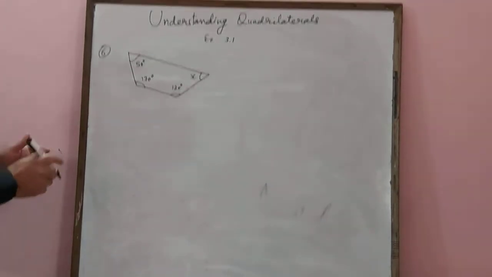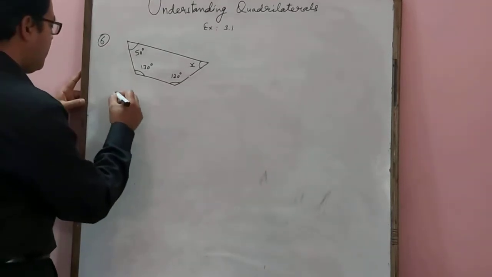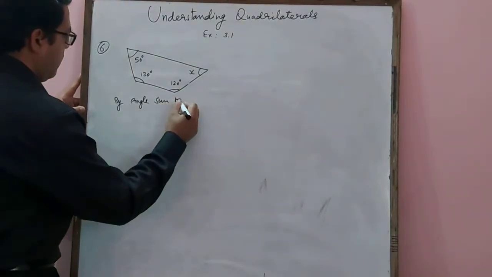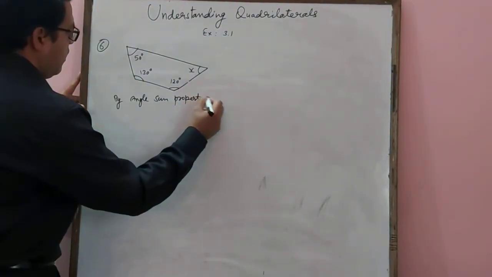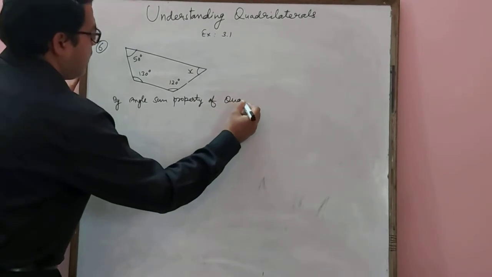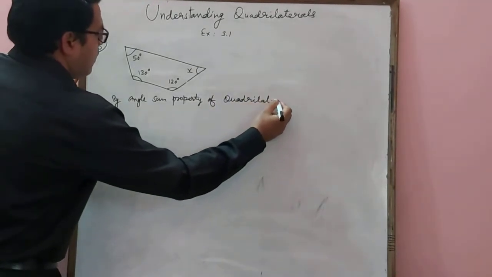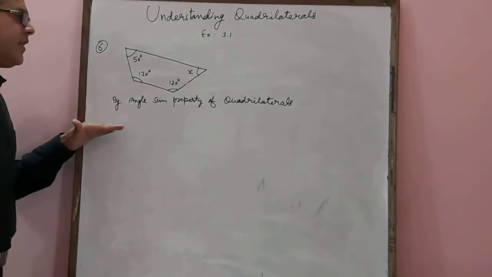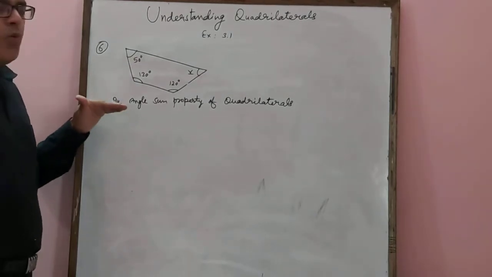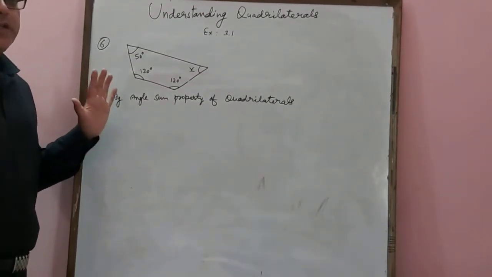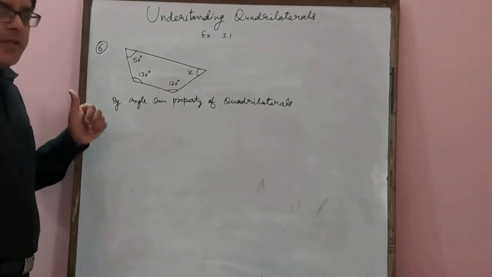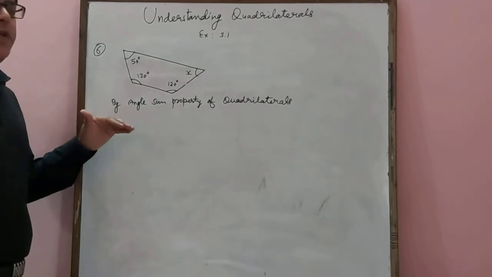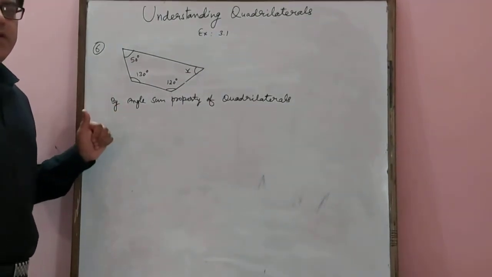So by the angle sum property of a quadrilateral. What is the angle sum property of a quadrilateral? This property says that the sum of all the interior angles of a quadrilateral equals 360 degrees. Yesterday in the previous class we already proved how the sum of all interior angles comes to 360.